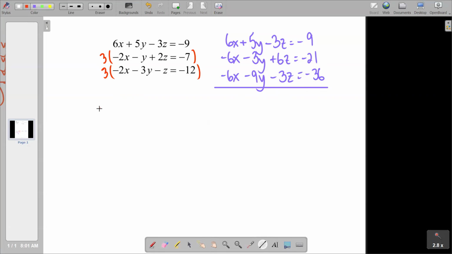I like that. Let's do row 1 plus row 2. If we do that, what do we get? Perfect. And then what's our next row operation?